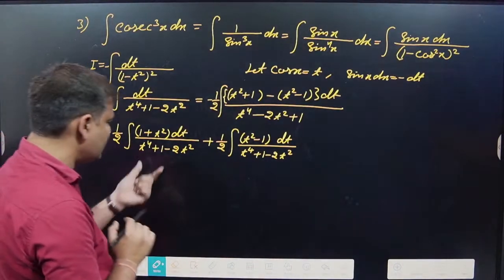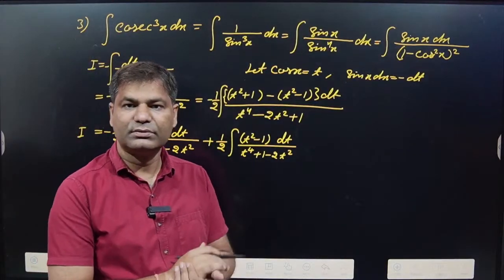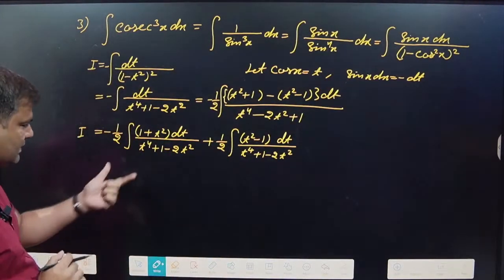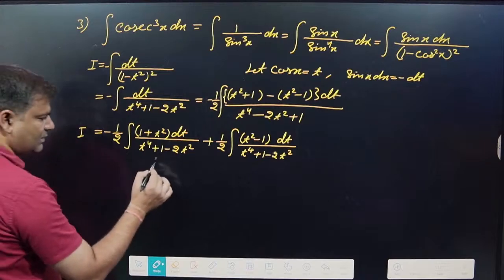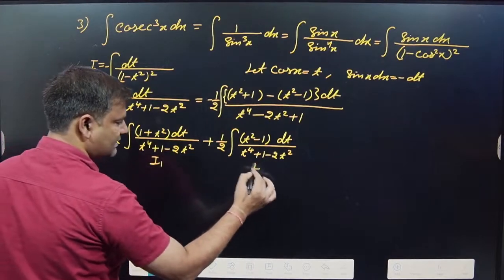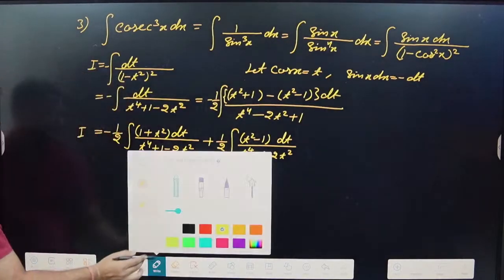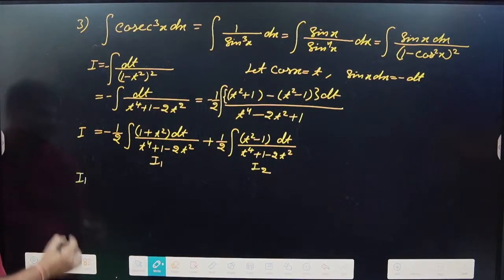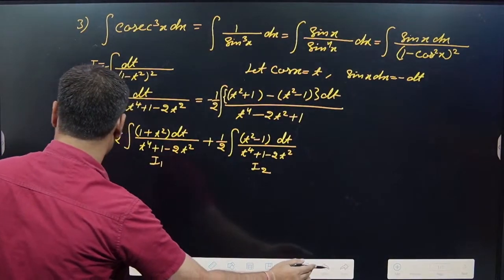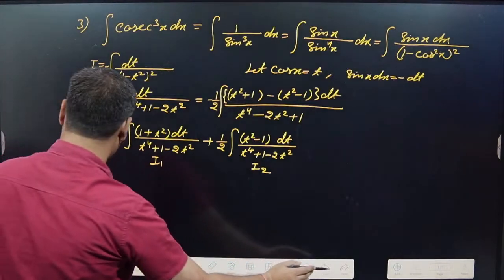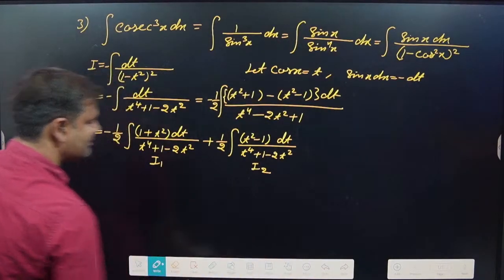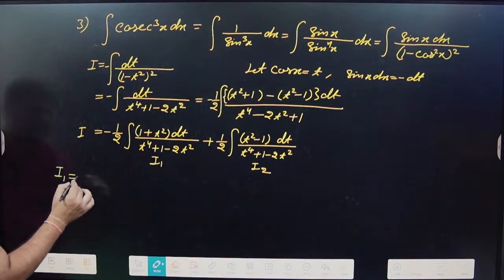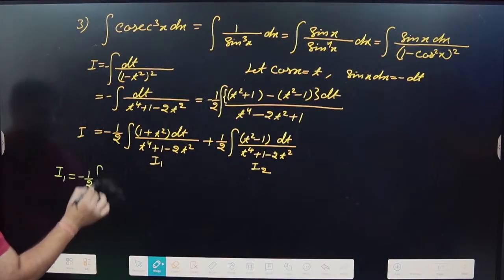This one is I1 and that is I2. Simply, you can consider this is I1 and that is I2. So how can we solve I1 and I2? Look here, I1 is minus half into this one.